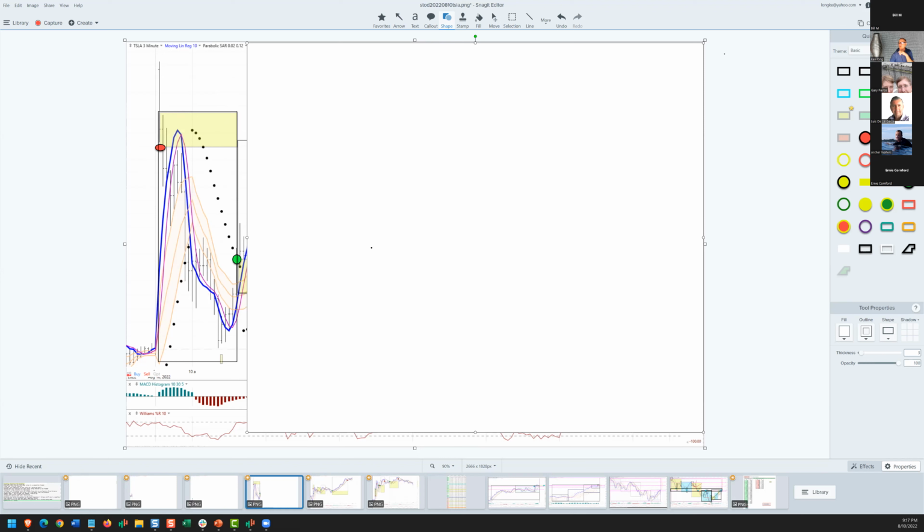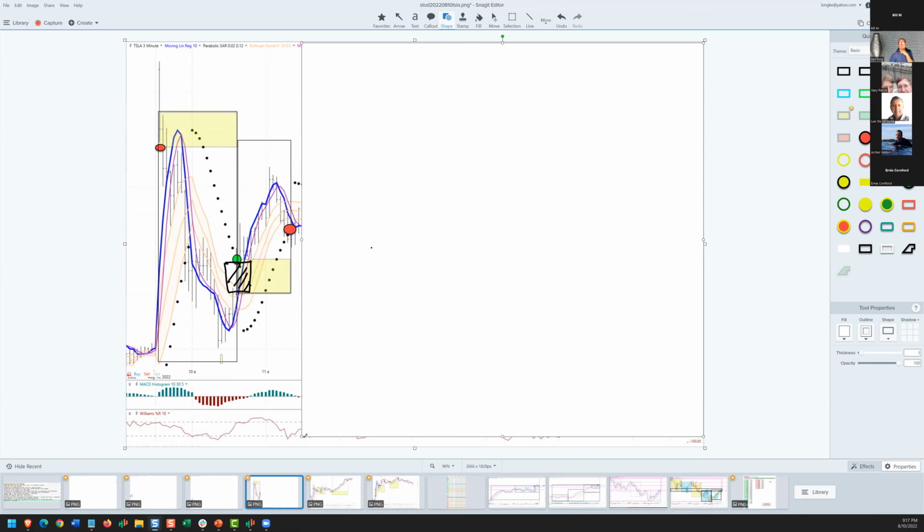So this PSAR exit gave us a PSAR flip with a standard risk box right here. Fractional gain. Again, I think I gave back more than I wanted to under usual conditions, but again, this had been so volatile, I was content just to let the PSAR be my guide.